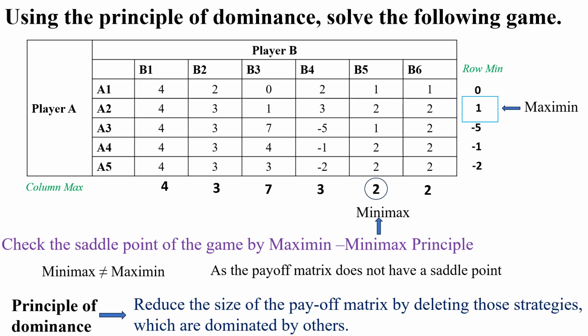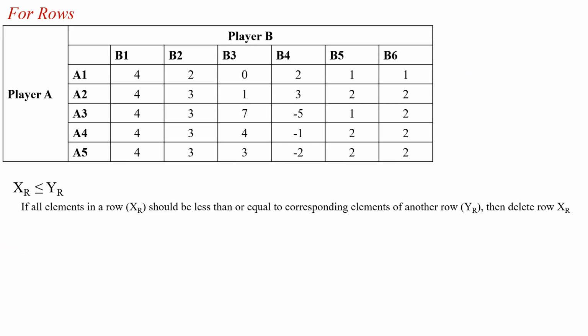Then we have to apply the principle of dominance to reduce the size of the payoff matrix by deleting those strategies which are dominated by others. First, we apply the dominance rule for the rows. By applying the dominance rule, each row is compared with another row, and if all the elements in a row are less than or equal to the corresponding elements of another row, then delete that row.